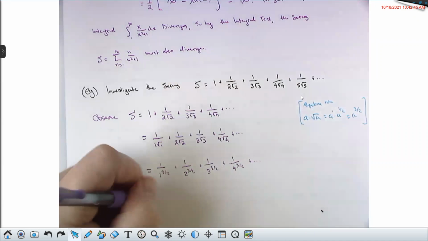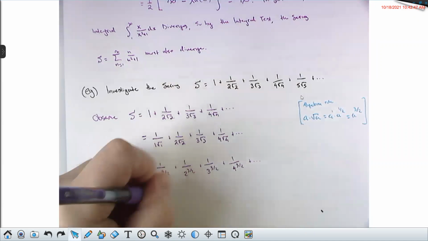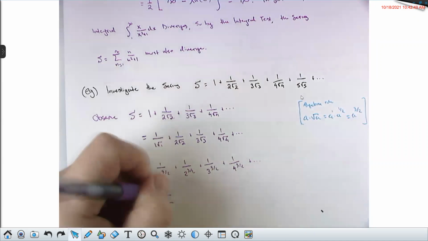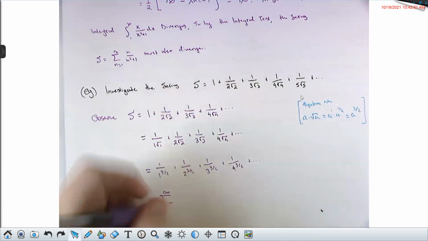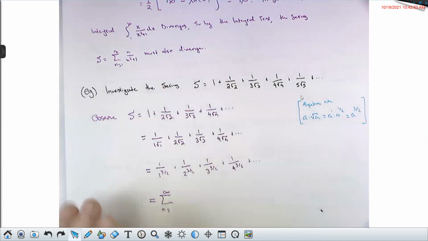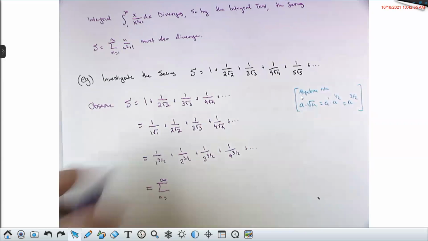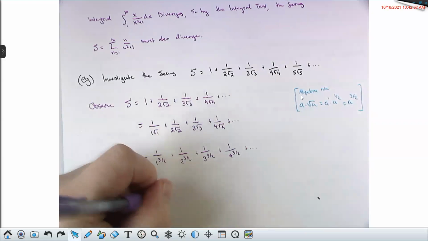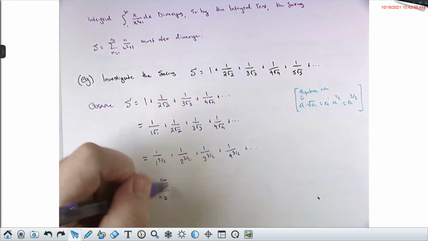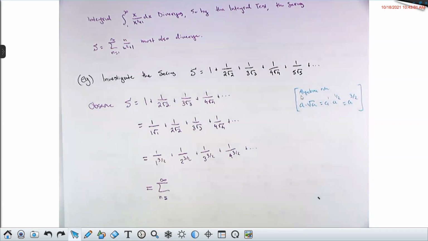So somebody tell me now, how do I write this series in sigma notation? Fill in the gaps. What are my a_n's? One over n to the 3/2. Very good.